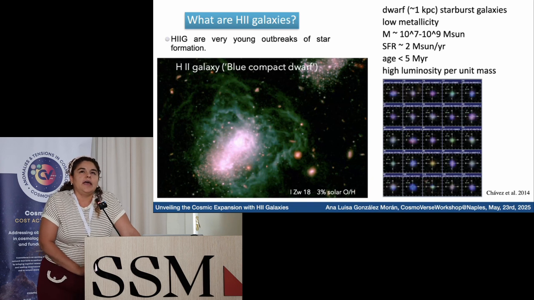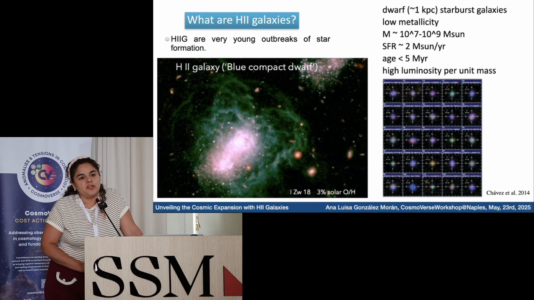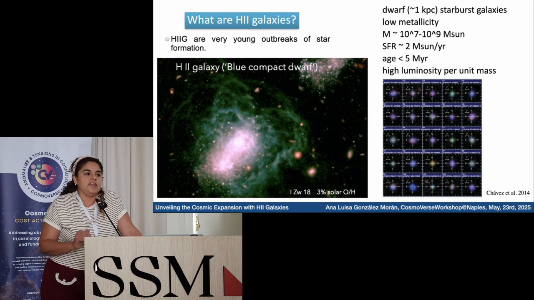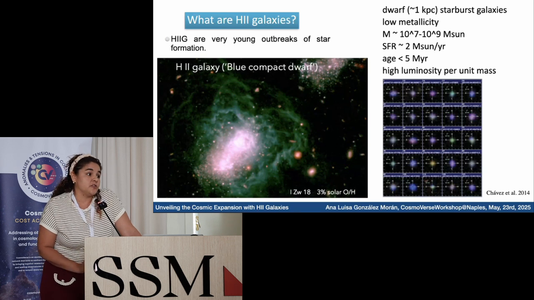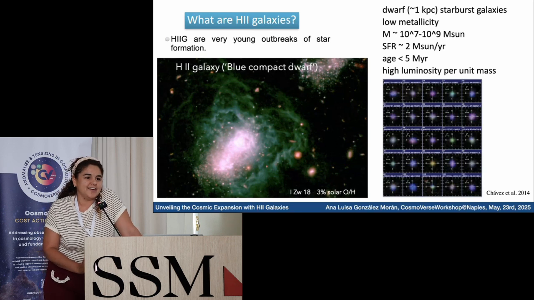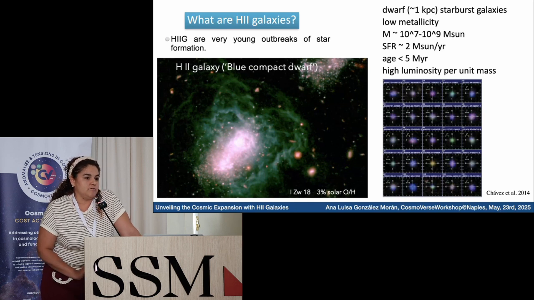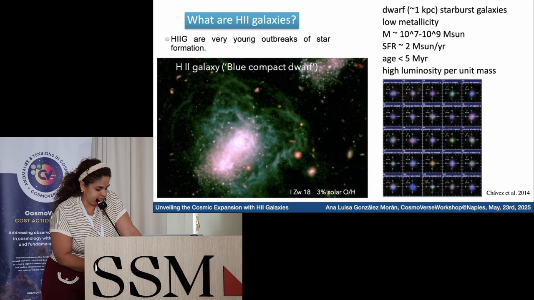For example, Green Pea galaxies are green because the oxygen 3 emission lines fall in the green filter on the Sloan, and so for this reason they look green. But if we don't constrain the redshift, H2 galaxies have a lot of colors, and the color depends on the redshift.